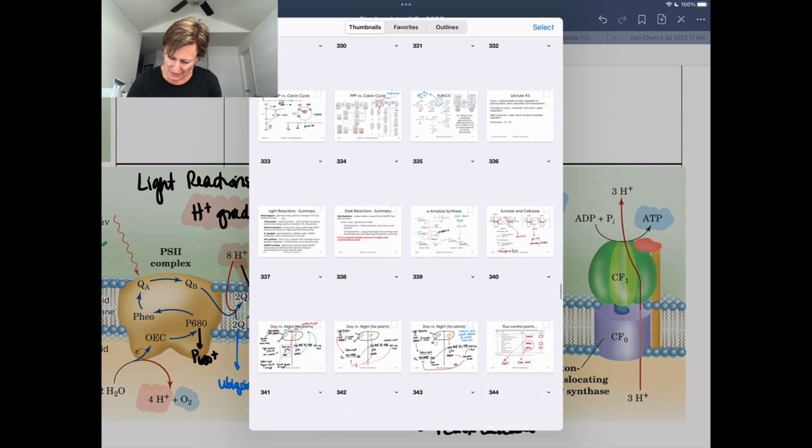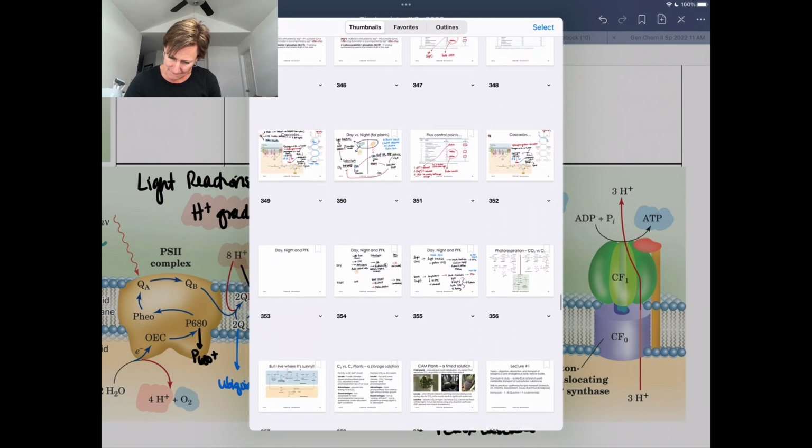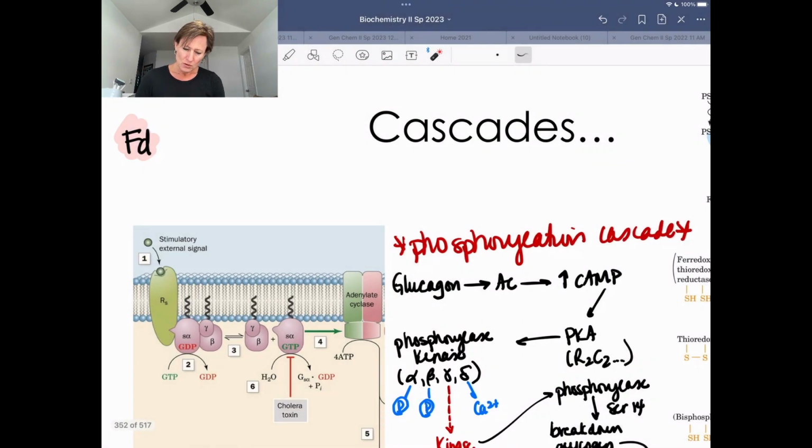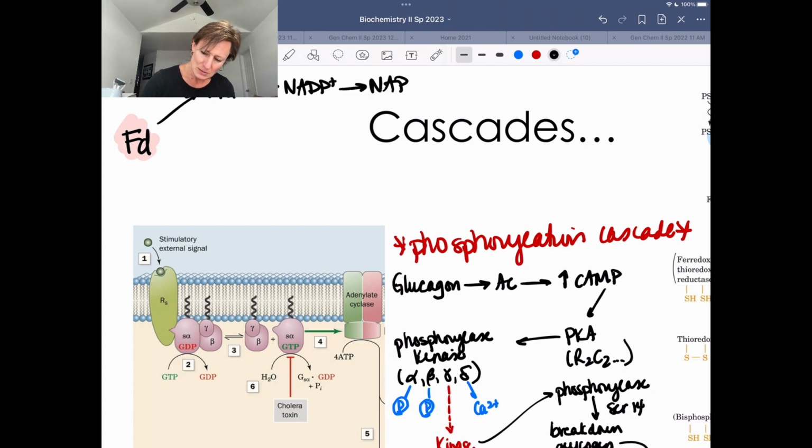So let's go back to this right now and talk about these options for ferredoxin. We just looked at them, so let's write them down. We can deliver them to FNR. If we deliver them to FNR, ultimately that's going to be delivering electrons to NADP+, reducing it to make NADPH. This is our non-cyclic pathway. We also have the ability to deliver those electrons back to Q. This is what we call the cyclic pathway.